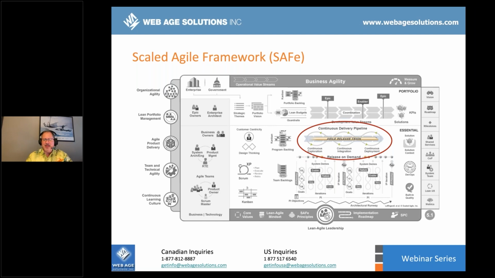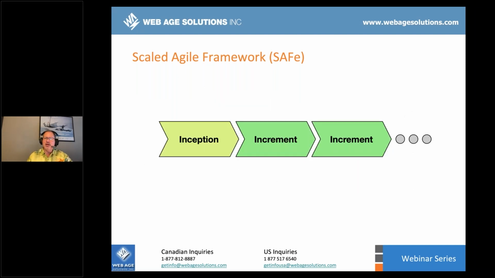And how do they do that? Well, here's where it's going to start to get specific for our talk. Essentially, each development stream is following a path, and that path starts with an inception phase and then goes through a number of increments. Each of the increments is an agile process. It's an iterative process.